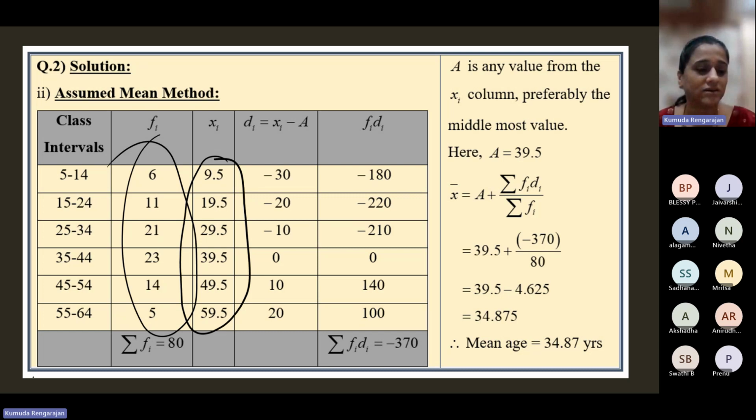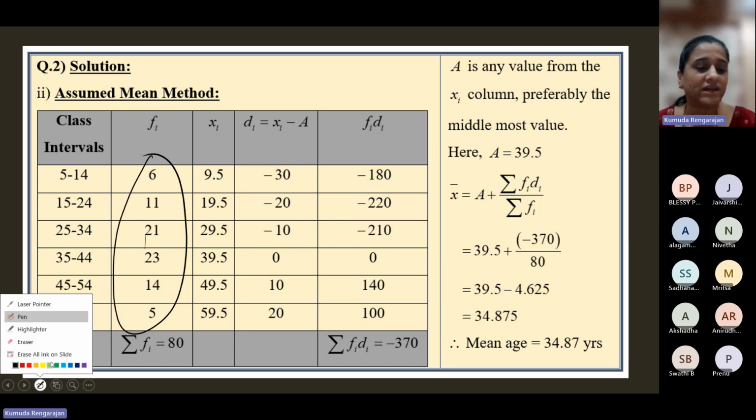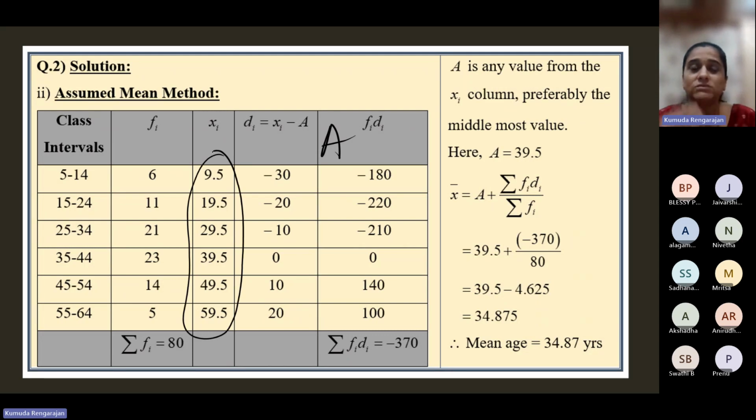Then suddenly you will think, okay, I have picked from the second column so far, but the second column here is FI. With some vague remembrance, you will think, okay, from the second column I picked, and you will pick from here. So you should never take a chance. You should register these things very clearly. A is picked from the XI column. So this is the XI column. Don't remember it as second column, third column, fourth column, not like that. XI column.